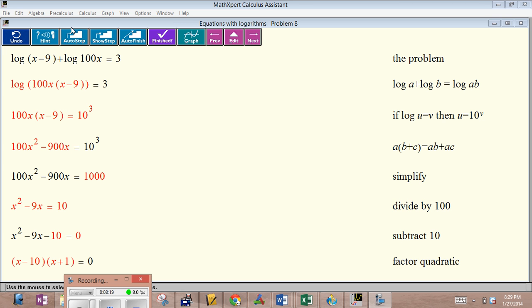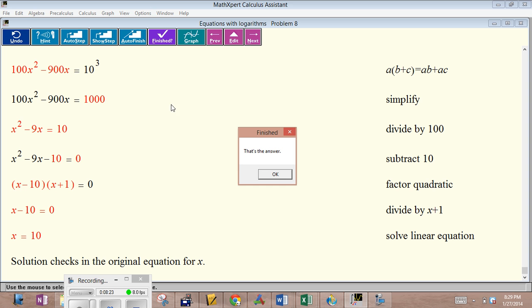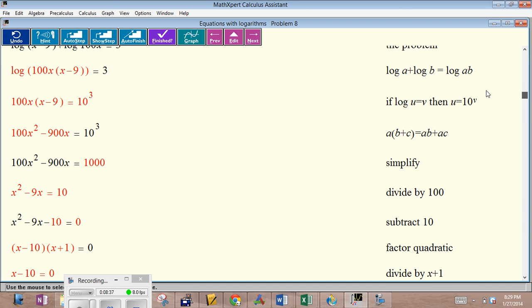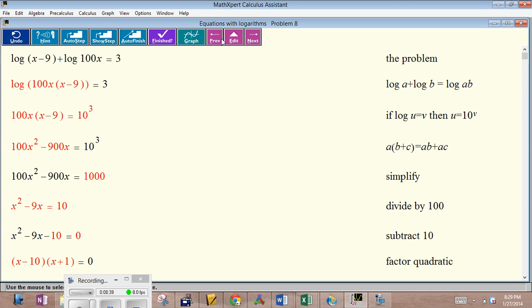So we're going to toss away x equals -1 as a solution from this quadratic, because it produces a negative argument up here. That would make us take the log of a negative number.